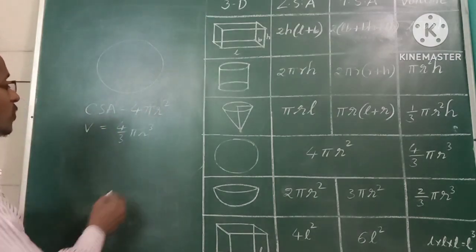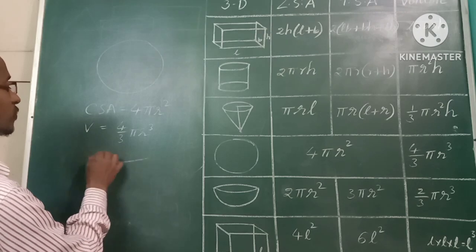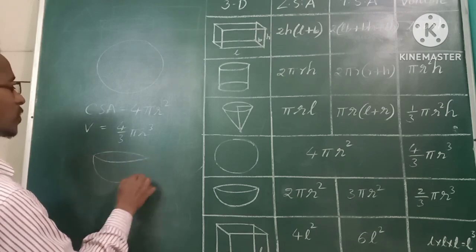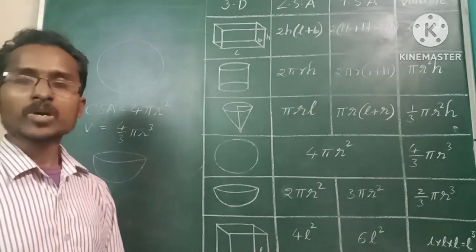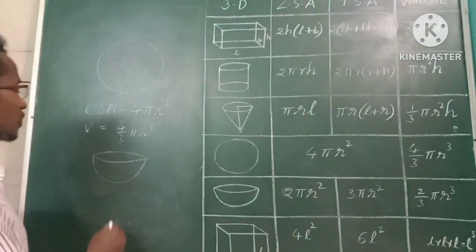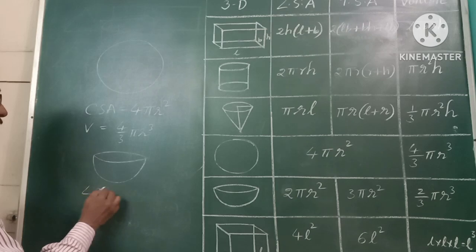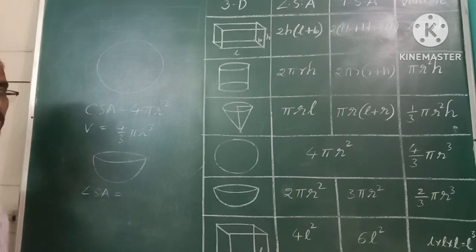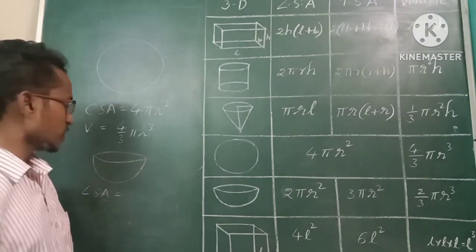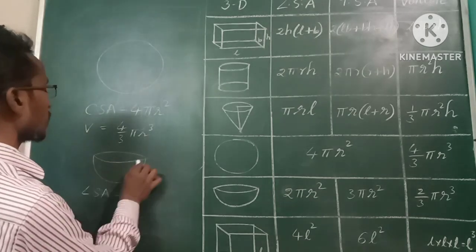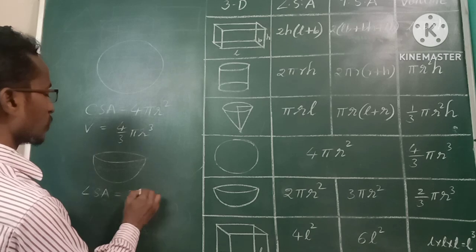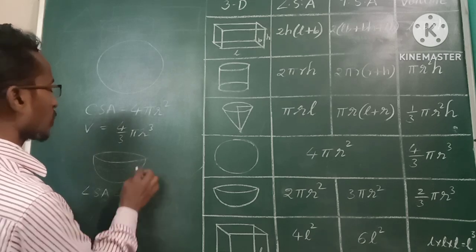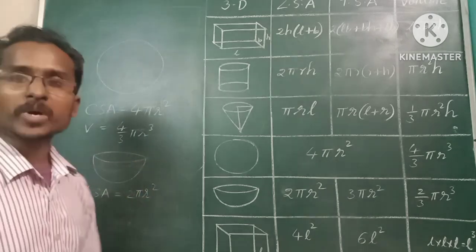Now what about a hemisphere? A hemisphere means half of the sphere. What is the LSA? Half of the sphere is 2 pi r square.